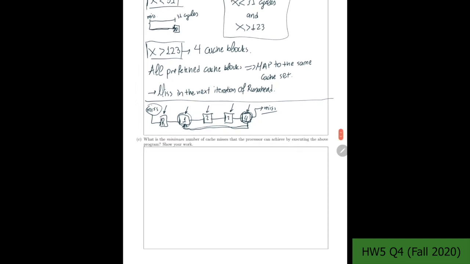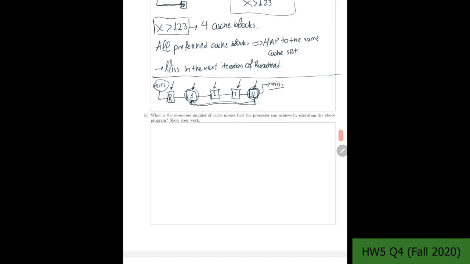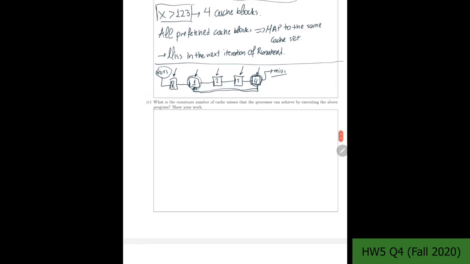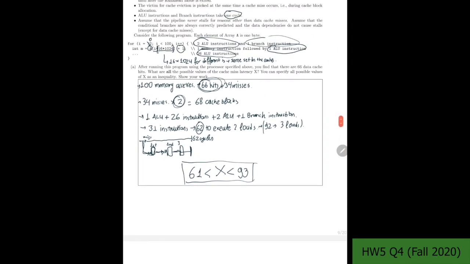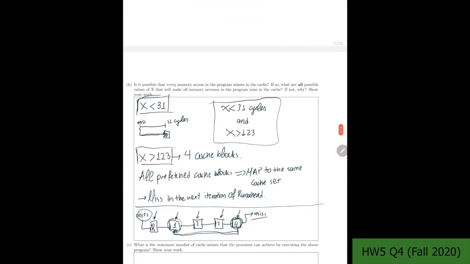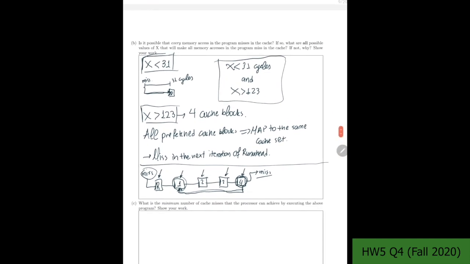So what is the minimum number of cache misses that the processor can achieve by executing the above program? Okay, we saw here a case where we were able to prefetch two cache blocks. And we saw here that also if we prefetch 4, it is a problem. So we will search what's going to happen if we are able to prefetch exactly 3 cache blocks.